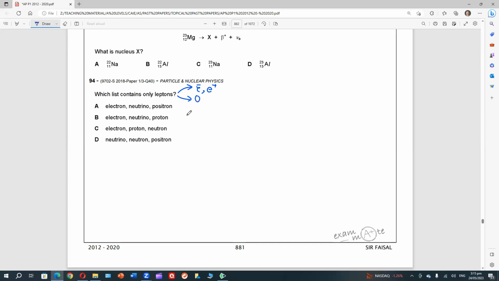So will it be A? I think it looks fine to me.